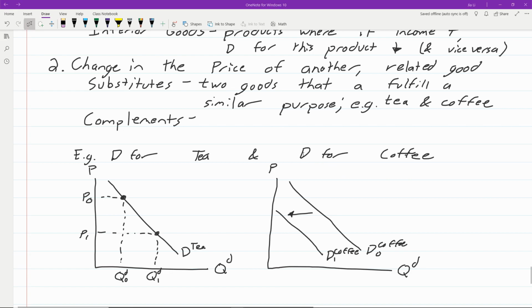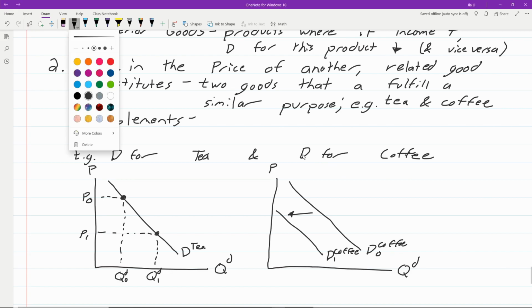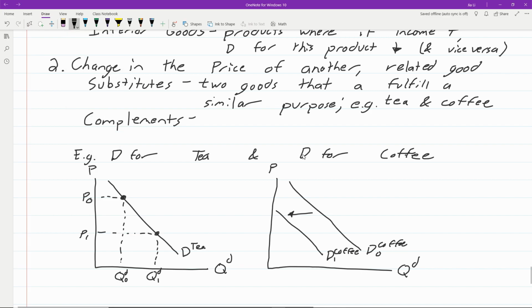Okay, so now let's think about complements. So, two goods are complements, well, if they go well together.